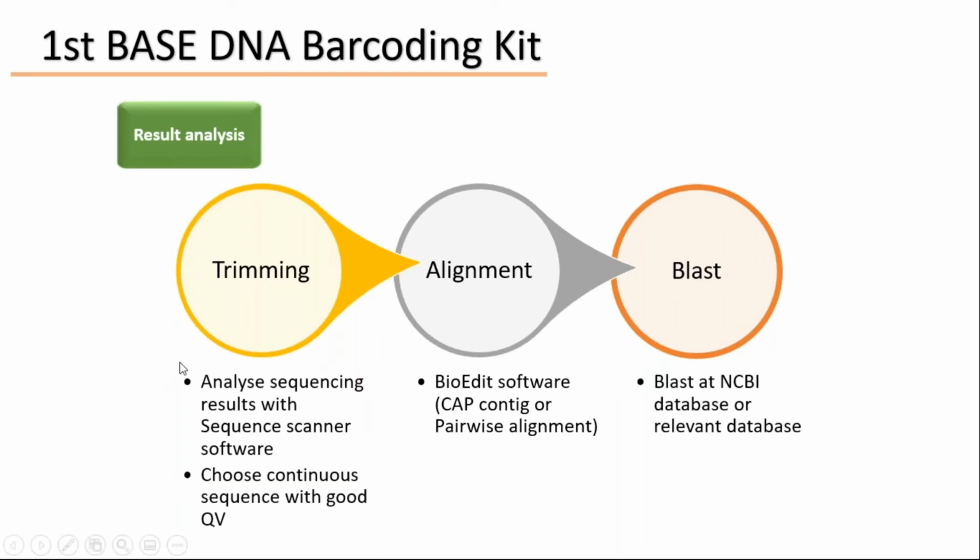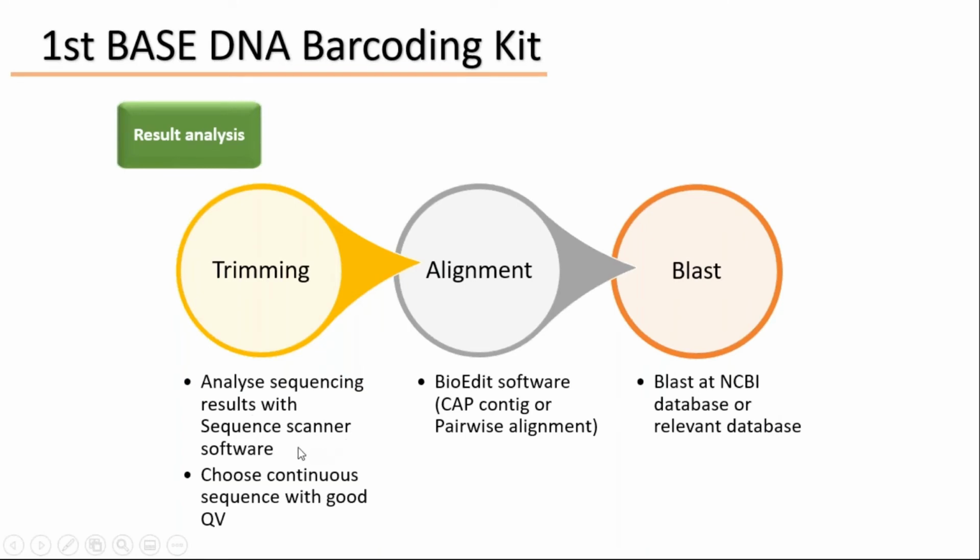After you have gotten all the sequencing results from the manufacturer, in this case First Base, the first important point you need to remember is to trim off all the unnecessary sequence. Don't just dump all the sequence into the software and proceed with the alignment directly, because if the sequence is unreliable, it will give you some false results.